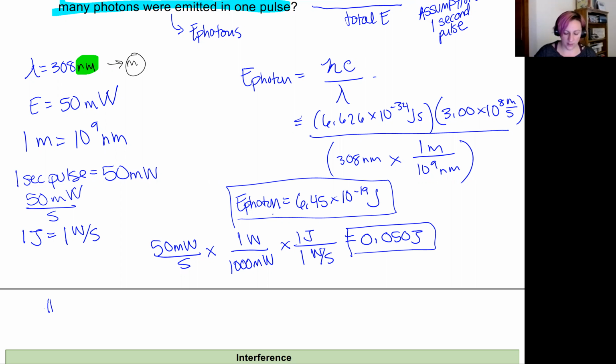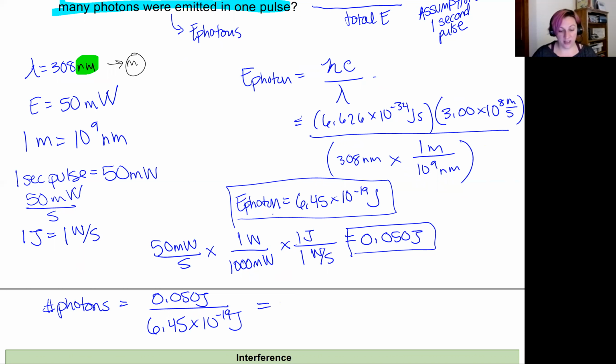The number of photons will be equal to that 0.050 joules divided by the energy of just one of the photons, which is going to give me a value of 7.75 times 10 to the 16th photons. So in that 1 second pulse, I'm going to have a lot of photons, about 7 times 10 to the 16th.